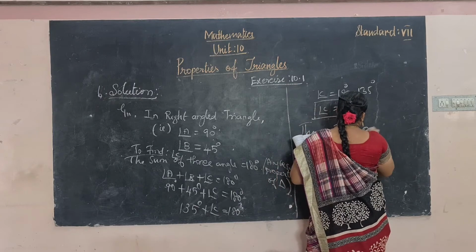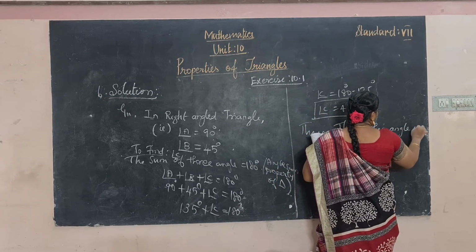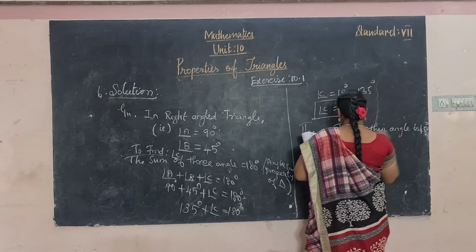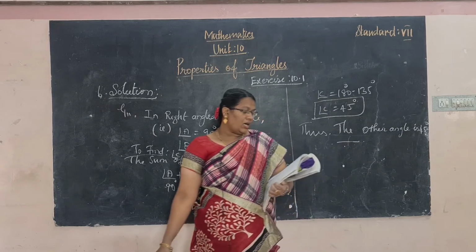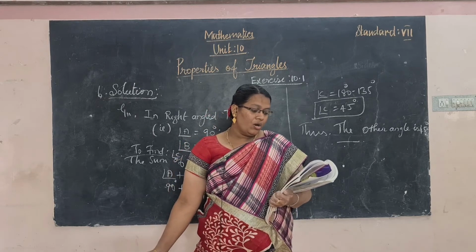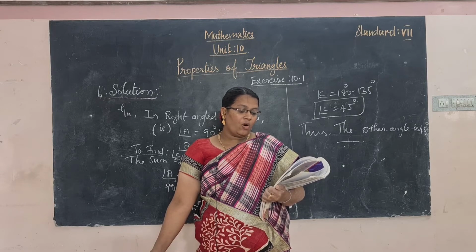Thus the other angle is 45 degrees. That's it. Okay, and the seventh one: the angles of a triangle are in the ratio of 2:4:6.